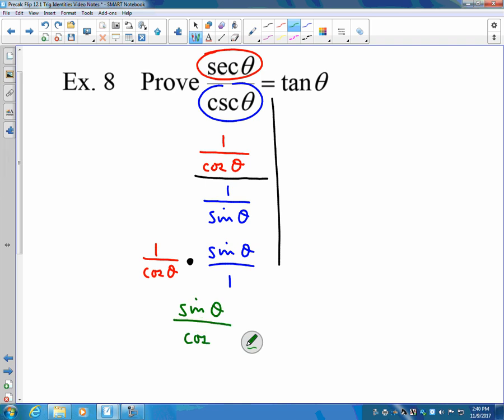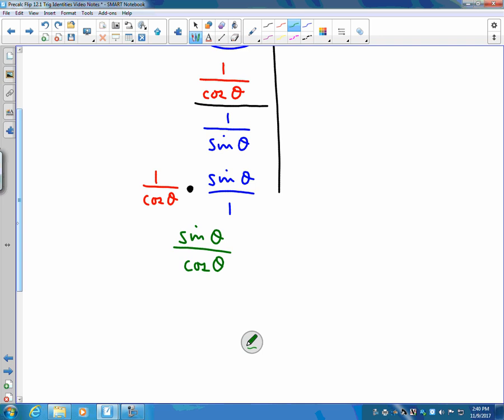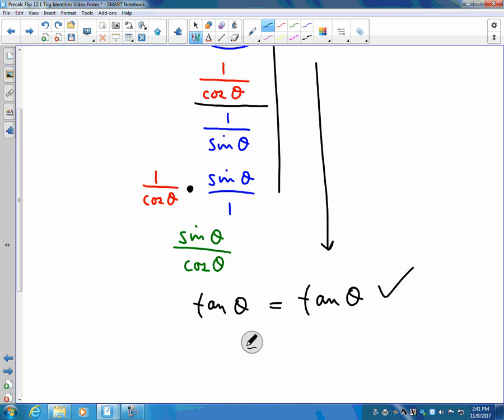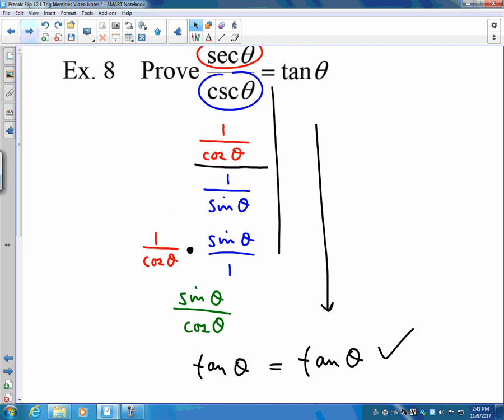Cosine times 1 is cosine. And of course, the tangent is the sine over the cosine, right? So I could say, hey, this equals the tangent of theta. Bring this stuff down here and say that also equals the tangent of theta. That's it. Mission accomplished. I told you that would be the last one.